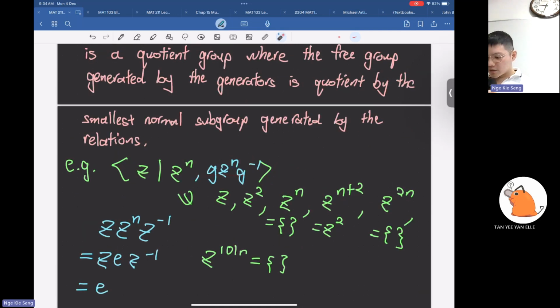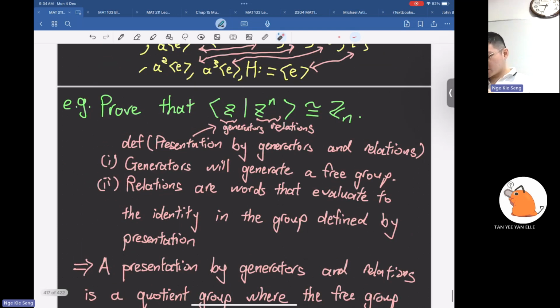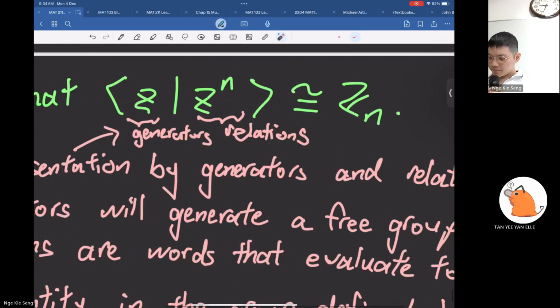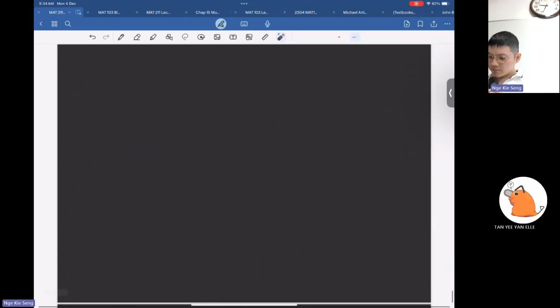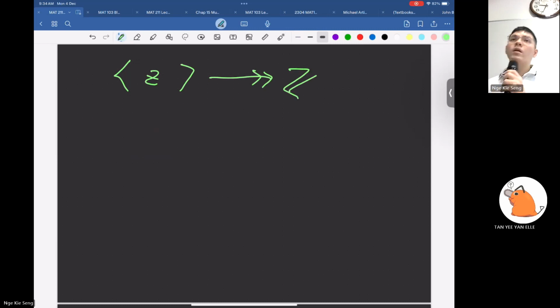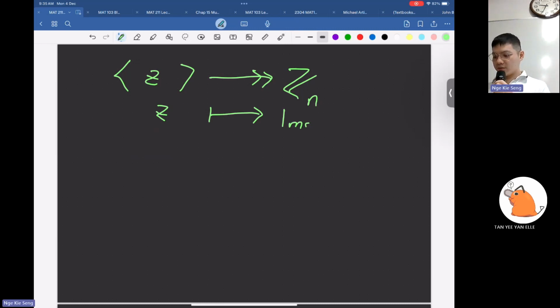So we have a better understanding of this presentation by generators and relations. So what's the map here? What should be the injective map here to describe the isomorphism? I need to send Z to 1 mod n.